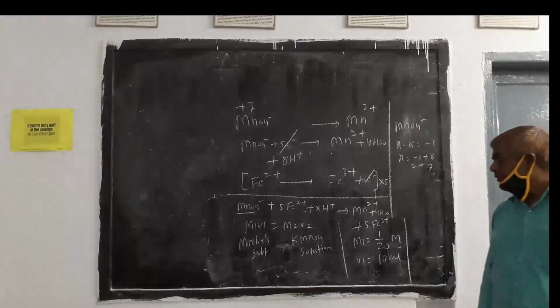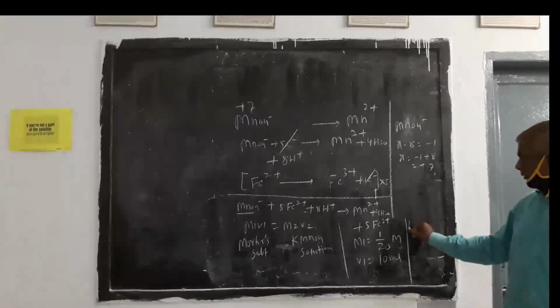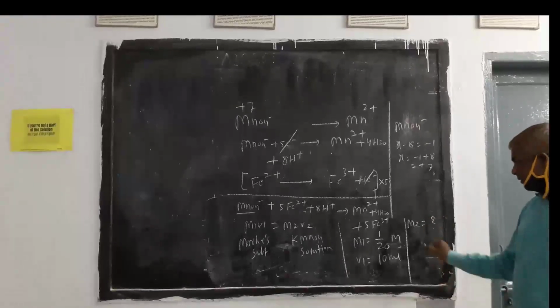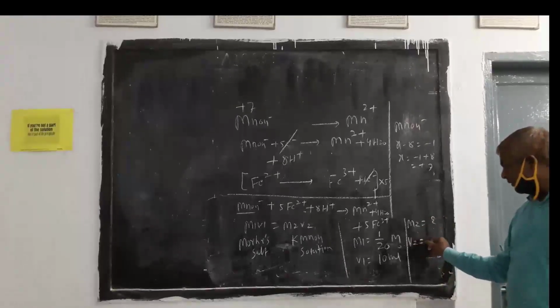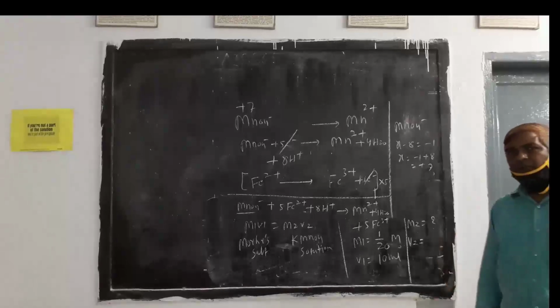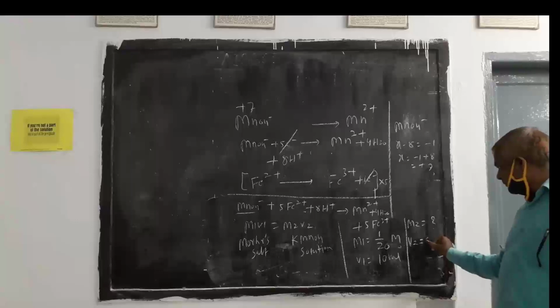For KMnO4 solution, M2 is what we are going to calculate. V2 is the concordant volume that we found in the observation table, it is 5.8 ml.